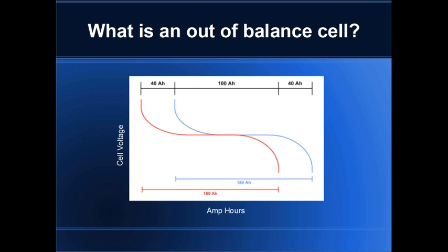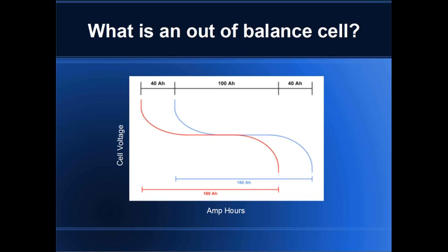If you were charging your battery pack, you would have to stop charging the moment that blue cell reaches the maximum cell voltage. But yet on that side, the red cell has capacity left, even though you can't access it. On the discharge side, likewise, you have to stop discharging when the red cell reaches its minimum, even though the blue cell still has more capacity in there.